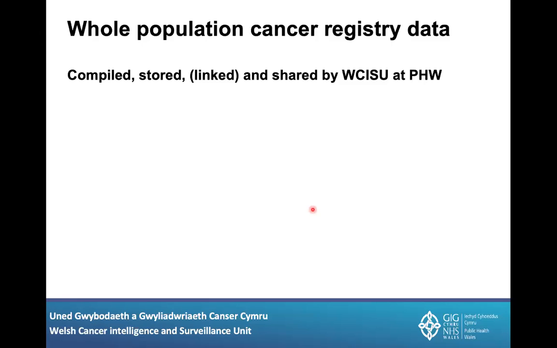Fortunately, in the world of cancer, there is a long history and tradition of population-based cancer registration, which is quite a laborious process, which we'll get into later, but it does provide us with very good incidence data.